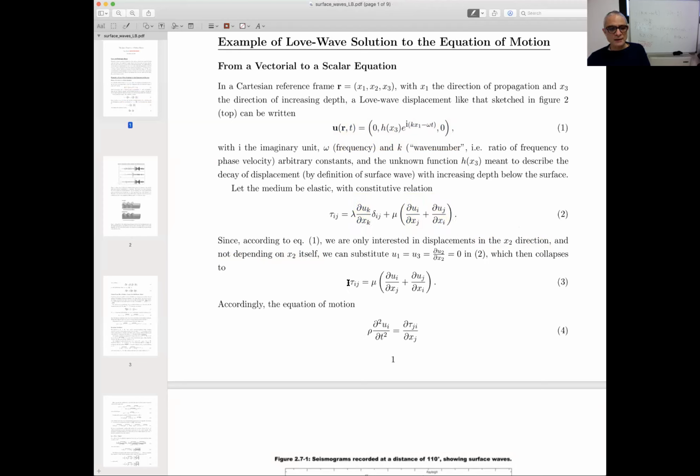And so basically Hooke's law can be simplified to this more attractive form.